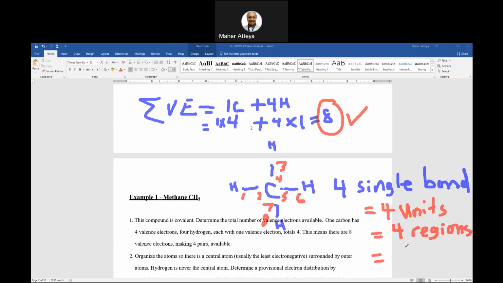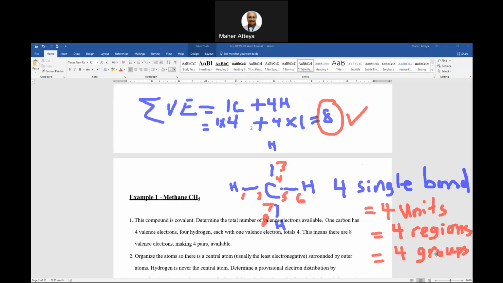Or another synonym is 4 groups, correct? So you treat the single bond, the double bond, the triple bond, the lone pair, the same thing, correct? So we call it 4 units, 4 regions, 4 groups. They mean the same thing.